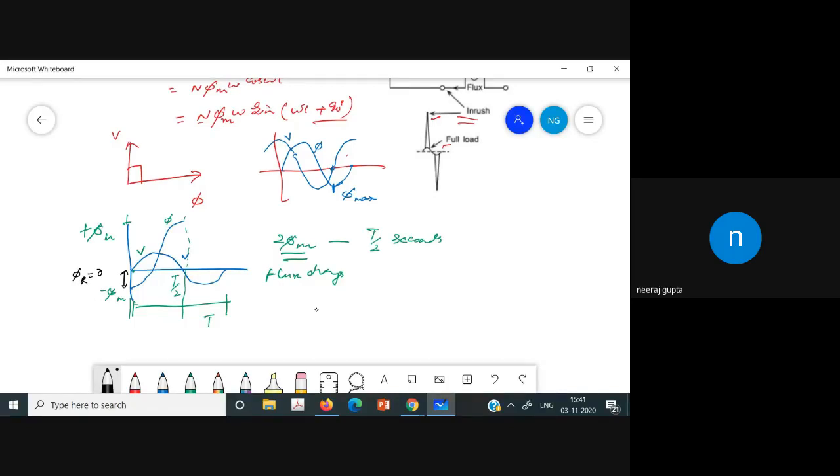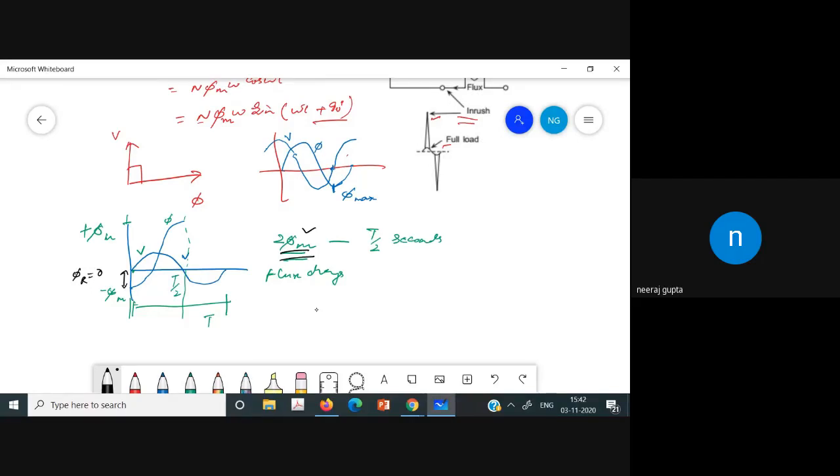In that case, it must cover the distance of 2 phi m in half the cycle, because in the normal case we have phi m, and the rate of change is 2 phi m.